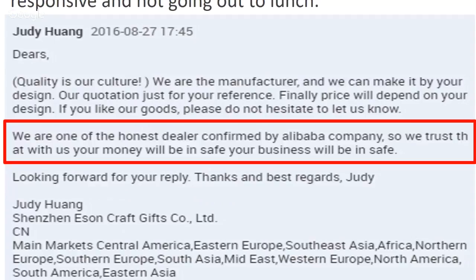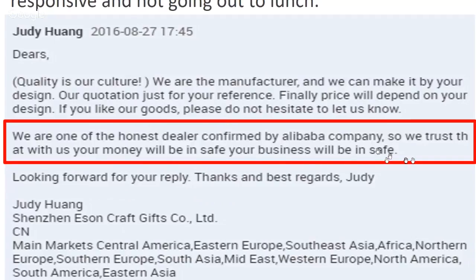All right, now this is where we get some really good Chinglish coming in. We are one of the honest dealer confirmed by Alibaba company. So we trust that with us, your money will be in safe, your business will be in safe. Okay, very Chinglish there, not very good English at all. But this is a typical one.